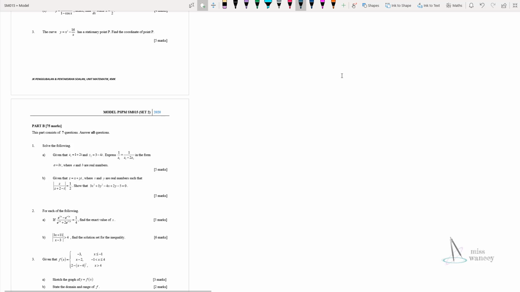Let us read question number 3. The curve y equal to x squared minus 16 over x has stationary point P. Find the coordinate of point P.